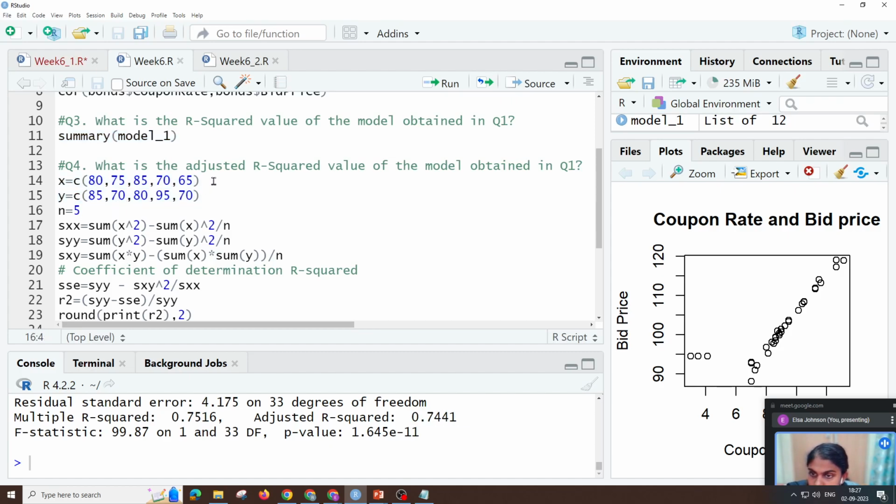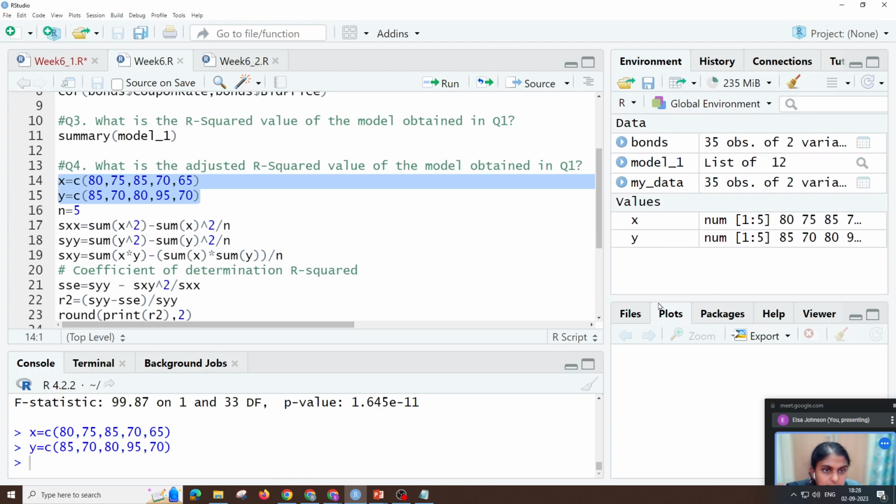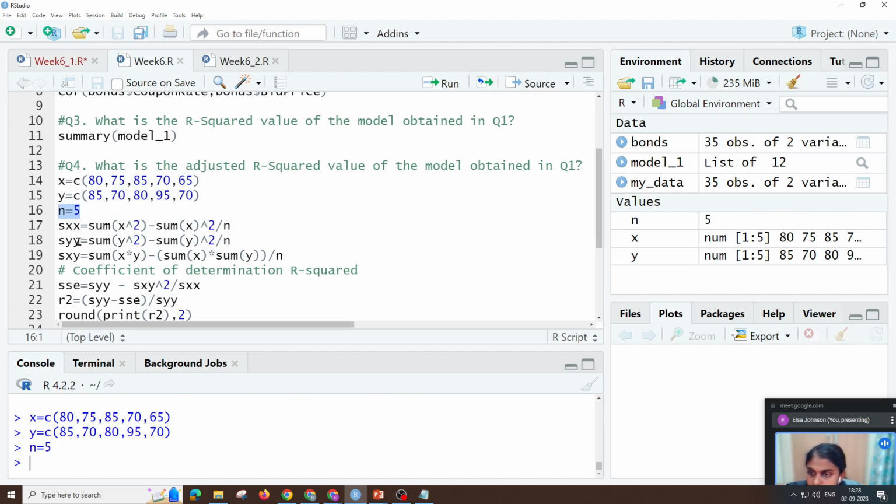So first we'll check. I have a set of observations like x equal to c(80, 75, 85, 70 and 65), and y values as 85, 70, 80, 95 and 70. So x values are there, y values are also entered, and you know the number of observations. First you have to find Sxx, that will be sum of x squared minus sum of x the whole squared by n.